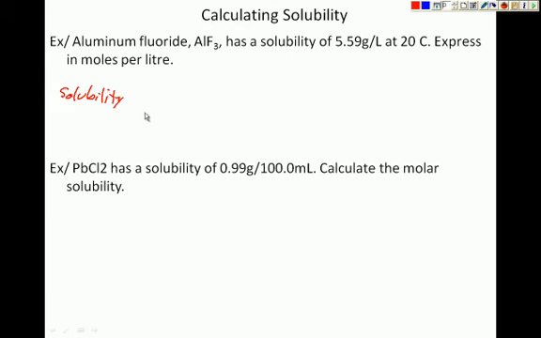So what we should do is, well, our solubility is going to be equal to 5.59 grams per 1 liter.